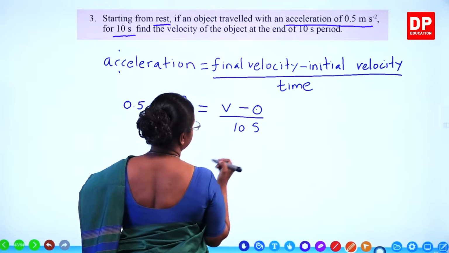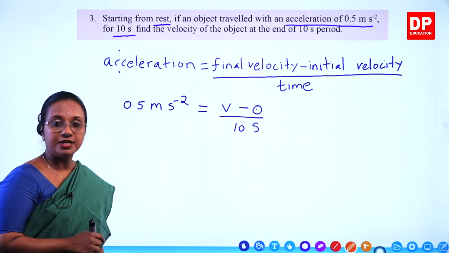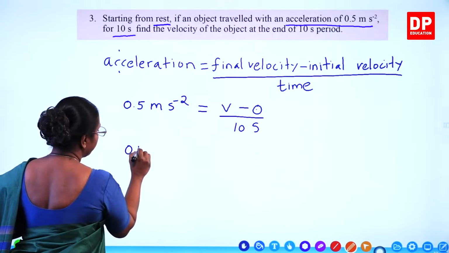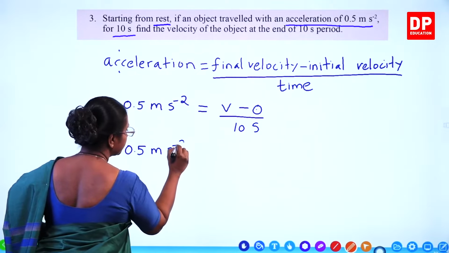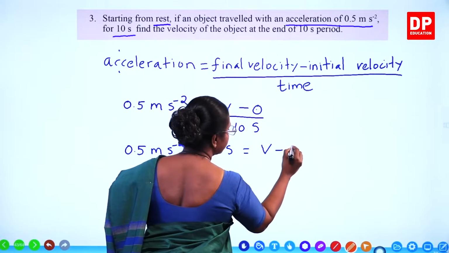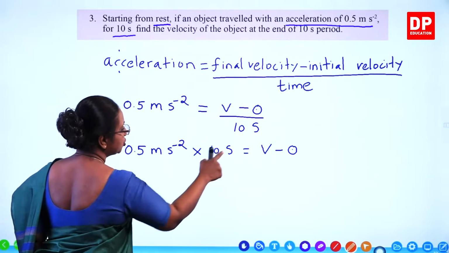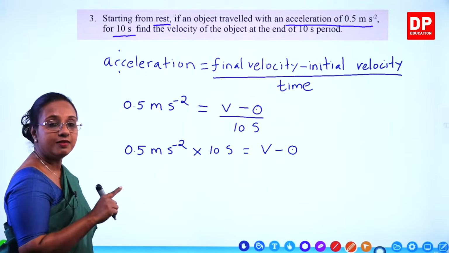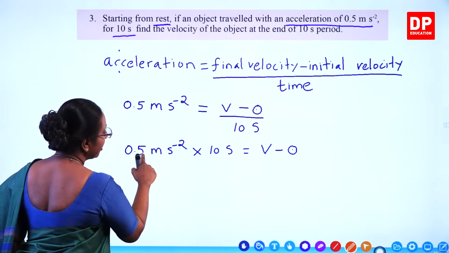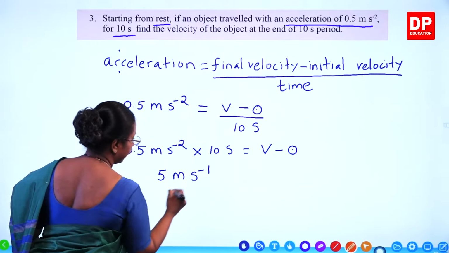Now from this equation, for convenience, what we do is we rearrange the equation. If you multiply 0.5 meters per second squared by 10 seconds, that will be equal to velocity minus 0. So here again, second minus 2, you have a second there. So they will cancel and give you second minus 1. 0.5 into 10 will be 5 meters per second.